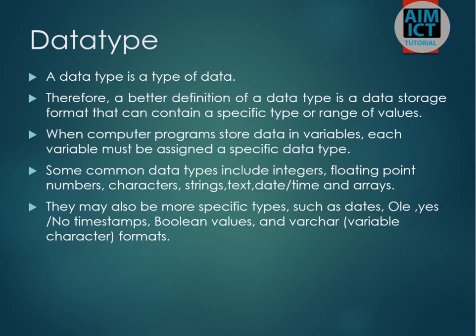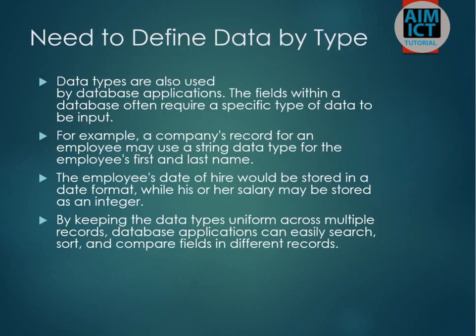Why do you need a data type? Data type is also used by database applications. The field within a database often requires a specific type of data to input. For example, company records for an employee may use the string data type for employee first name and last name.